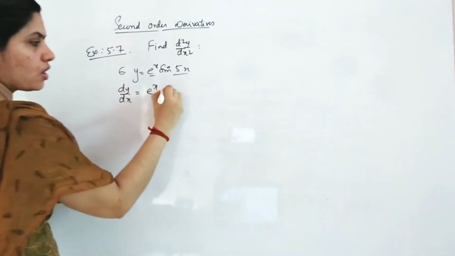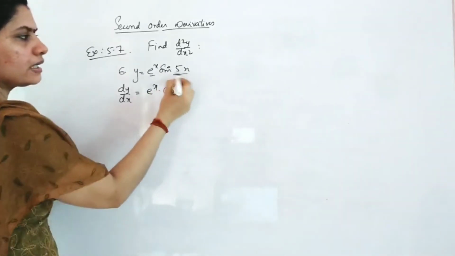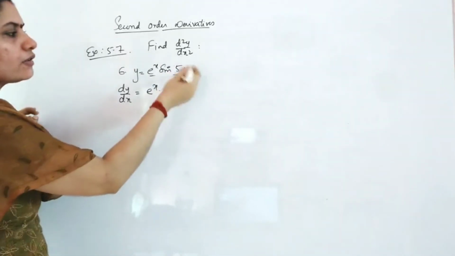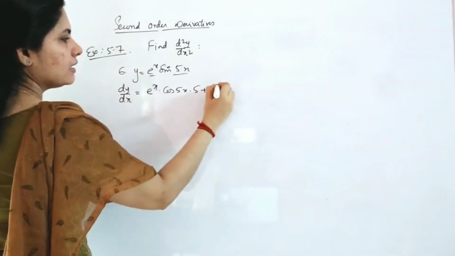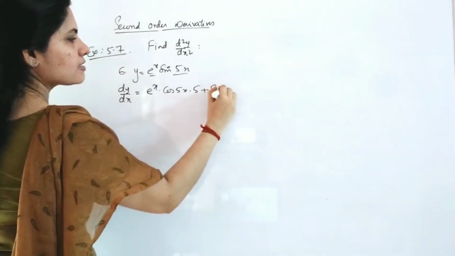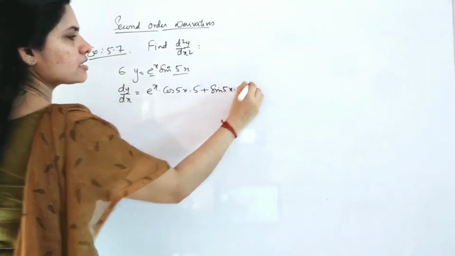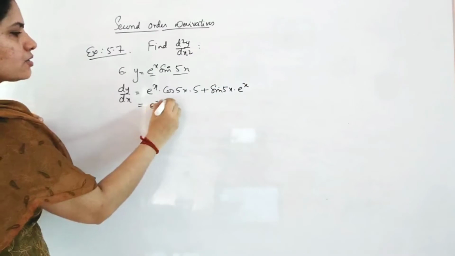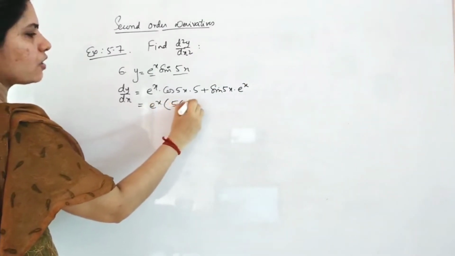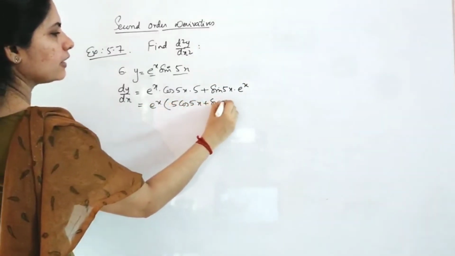Derivative of sine is cos, and again you have to use the chain rule, derivative of 5x is 5. Okay. Plus sine 5x into derivative of e raised to x, which is e raised to x itself. So here you are getting e raised to x into 5 cos 5x plus sine 5x.